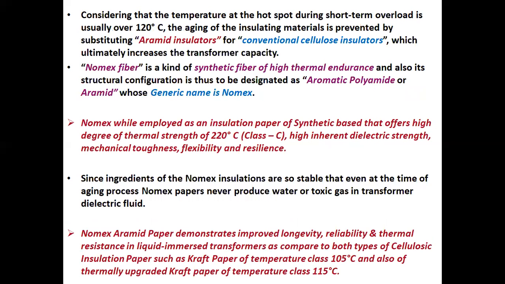Considering that the temperature at the hotspot during short-term overload is usually over 120 degrees centigrade, the aging of the insulating materials is prevented by substituting aramid insulators for conventional cellulose insulators, which ultimately increases the transformer capacity.